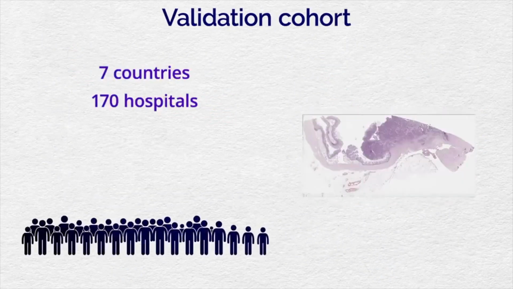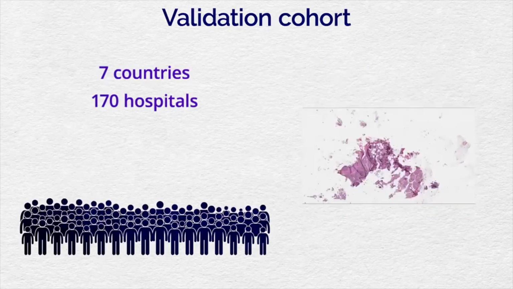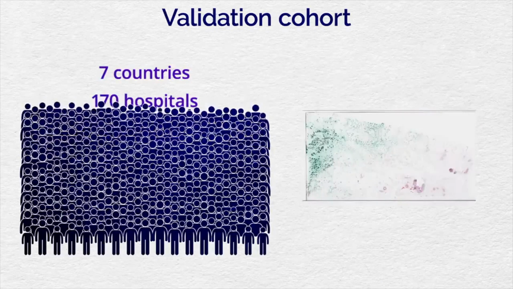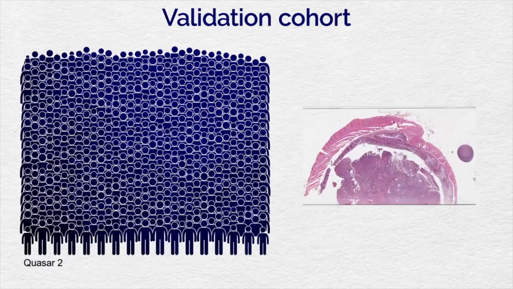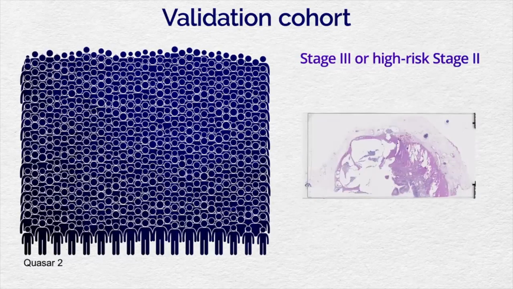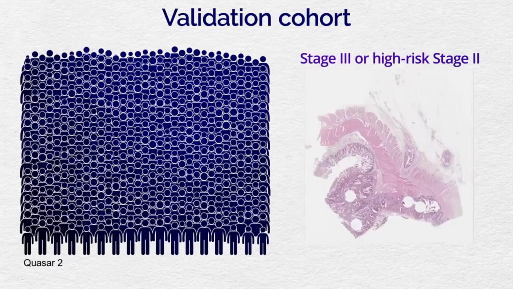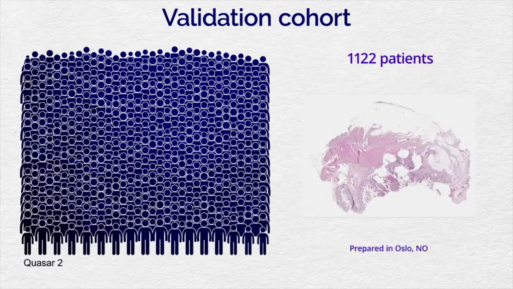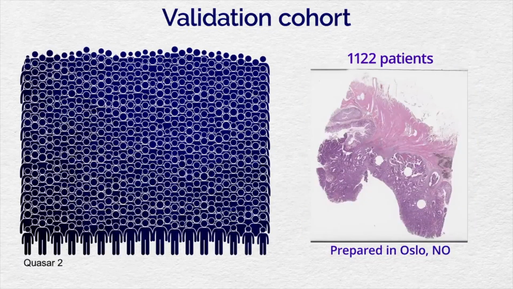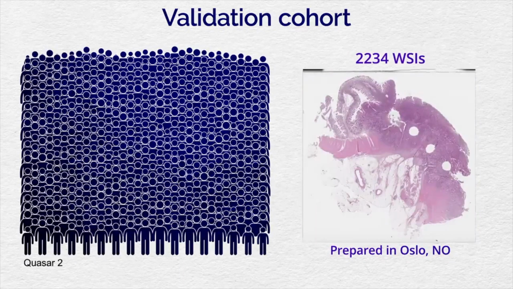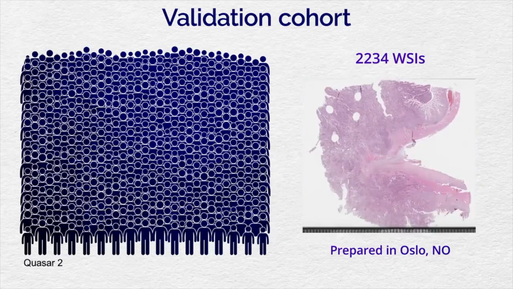We then independently validated the marker in a cohort of patients from 170 hospitals in 7 countries, recruited to the QUASAR-2 trial. These patients had Stage 3 or high-risk Stage 2 colorectal cancer. Slides from 1,122 patients were prepared in Oslo and scanned using the 2 scanners, resulting in 2,234 whole slide images.